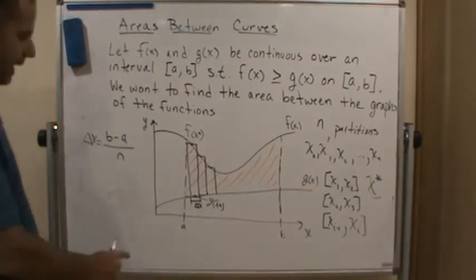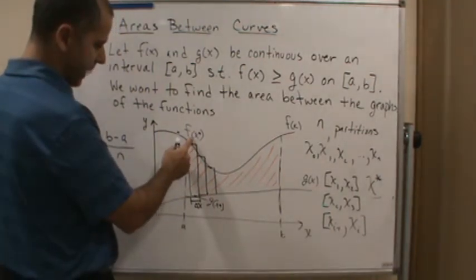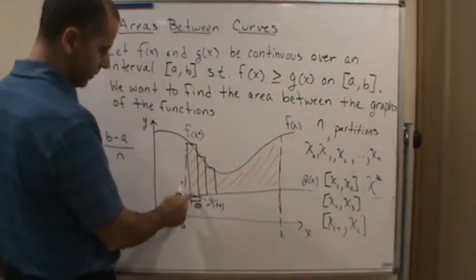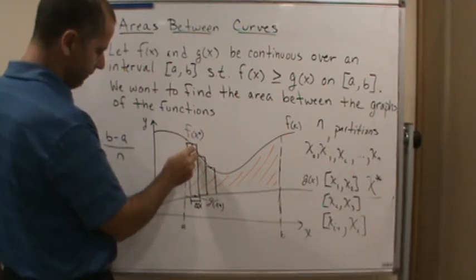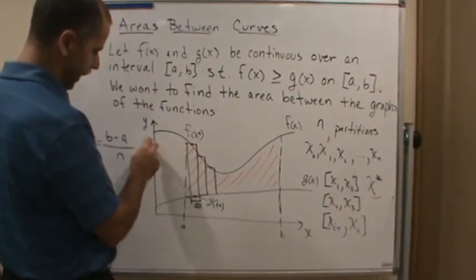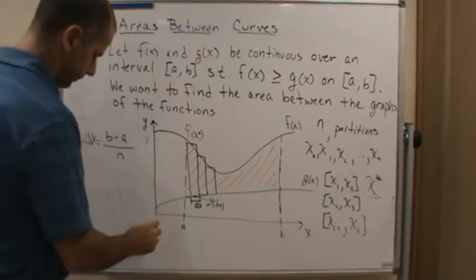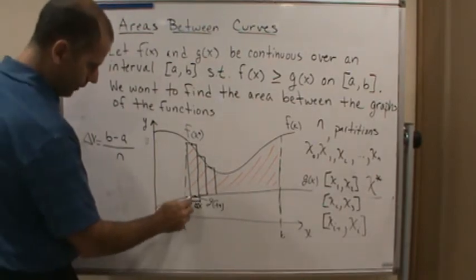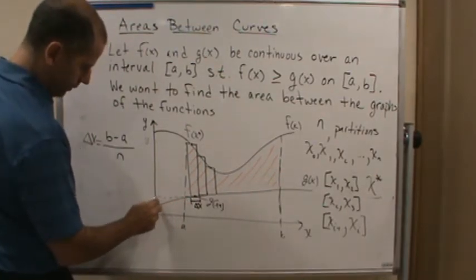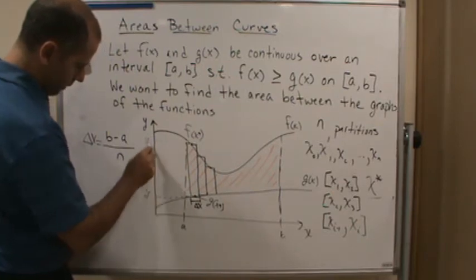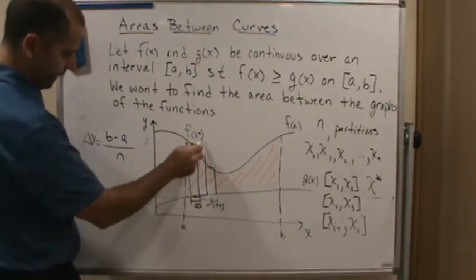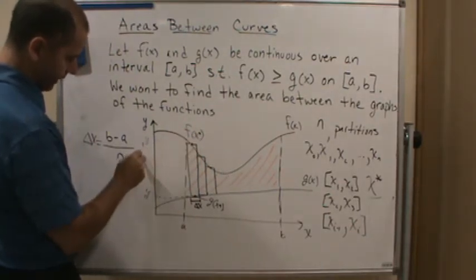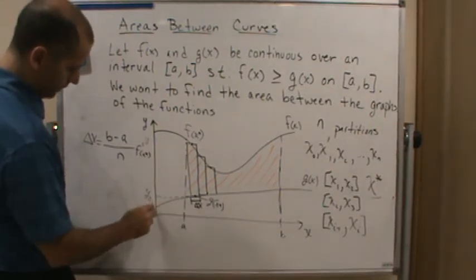So how do we find the height? It's going to be the top minus the bottom. So wherever this y value is, and wherever this other y value is located, this is equal to f of x star, and this y value is equal to g of x star.